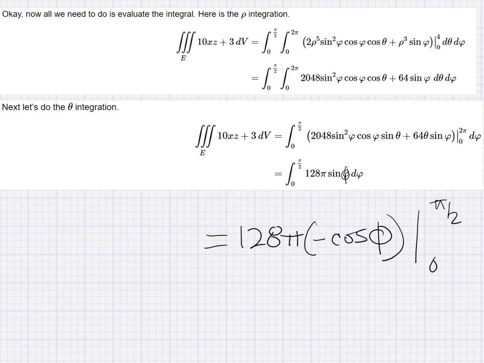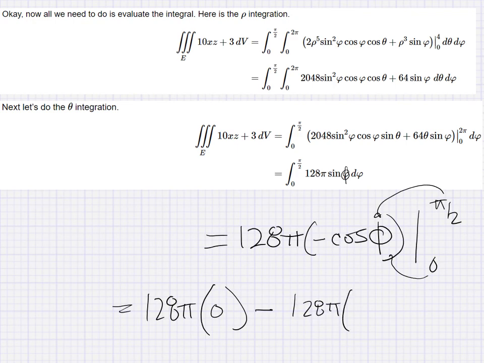We plug pi halves in here and here. So what do we end up with? We have the 128 pi times, plug the pi halves in. You're going to get cosine of pi halves, which is 0. And so 0 minus 128 pi times, plug in 0, you're going to get 1, so you get minus 1 here. But with the negative, we end up with 128 pi. So there's our answer.